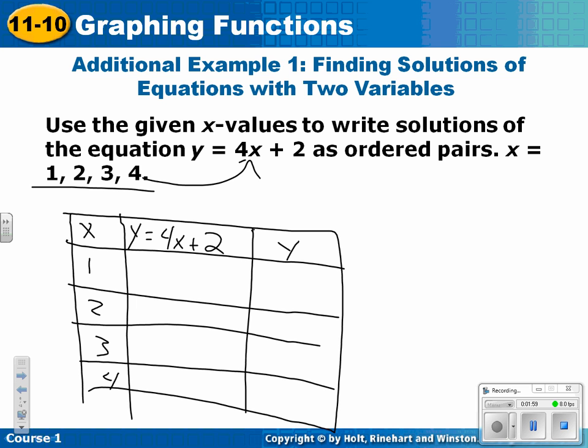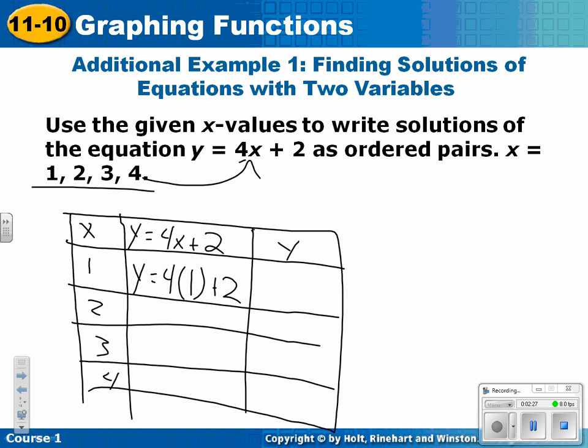So what do you think we have to do? Parker. Plug 1 in for x. So we take 1, and if we plugged 1 in here, we would have y equals 4 times 1 plus 2. So what is y?